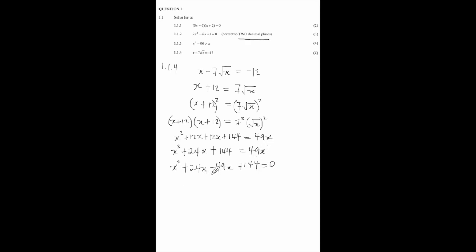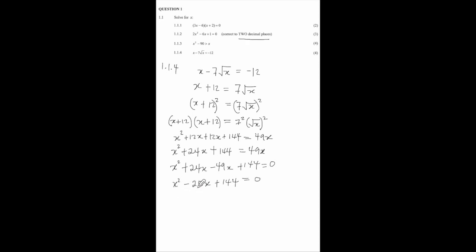There's nothing left on the right when I move 49x. So this becomes x squared, and 24 minus 49 is negative 25, so negative 25x plus 144 equal to 0.